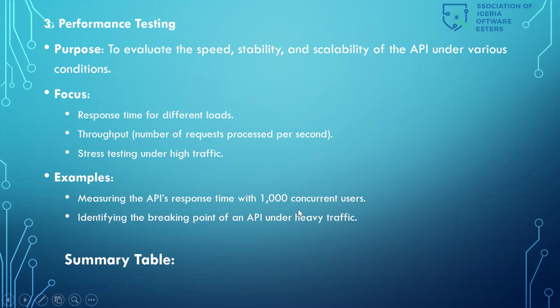So an example is measuring the API response time with 1,000 concurrent users, and let's find the breaking point, which is what Akim was asking me about. Maybe when the requests get to maybe 10 people, things like this.